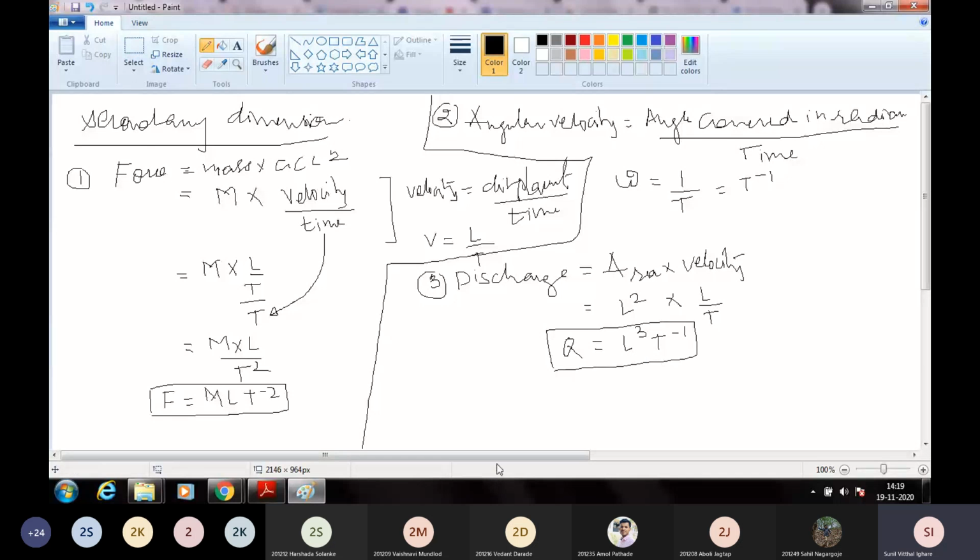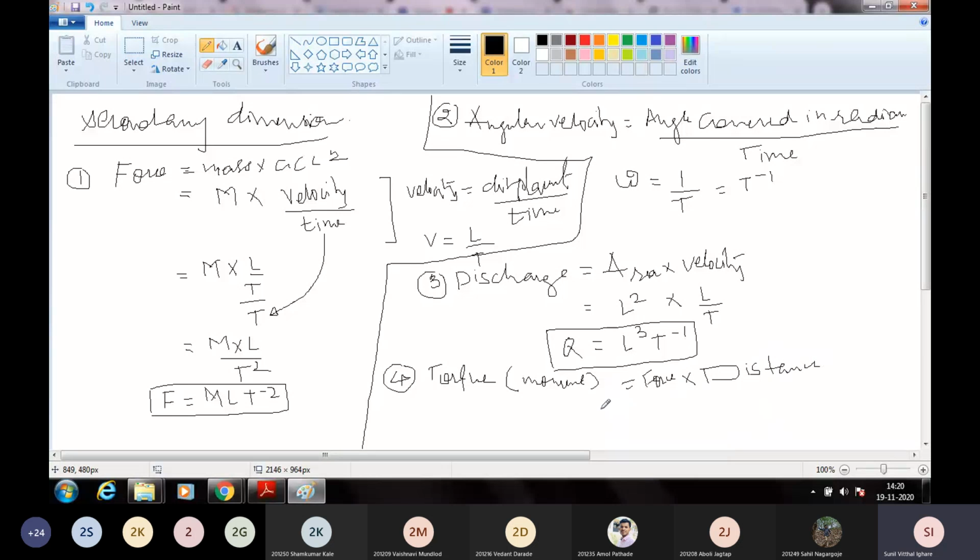The next quantity is what one? That is torque, or moment, that is angular moment. So torque we just write it as force multiplied by distance. If it is a moment, that is force into distance, obviously.